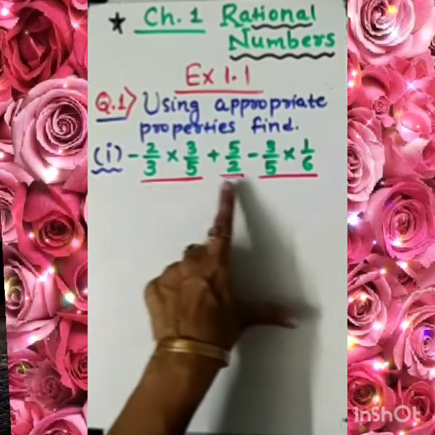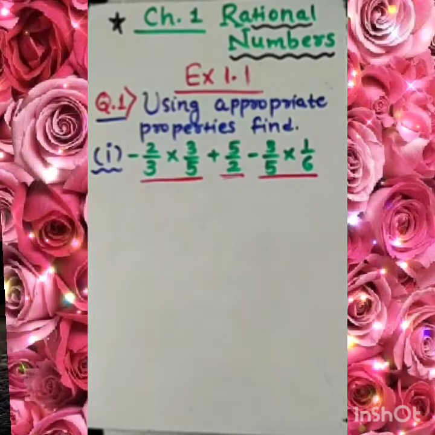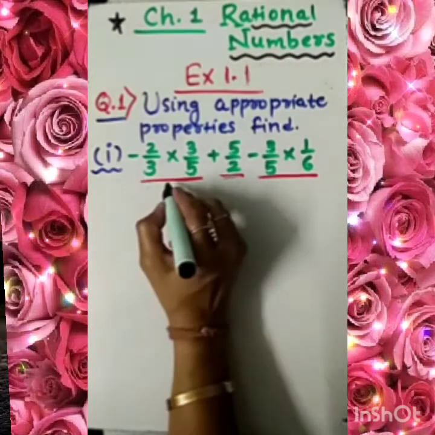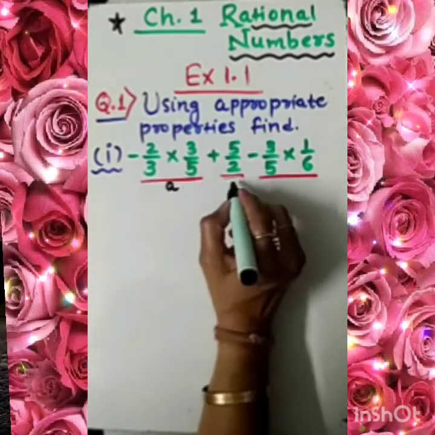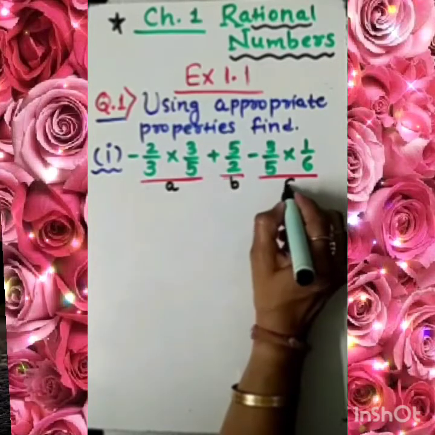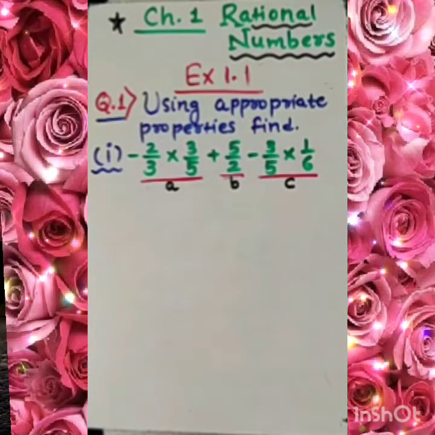Let me call the first term small a, the second small b, and this term small c, for your better understanding. I am separating the three terms. Be a keen observer and think: which two terms have something common in them?